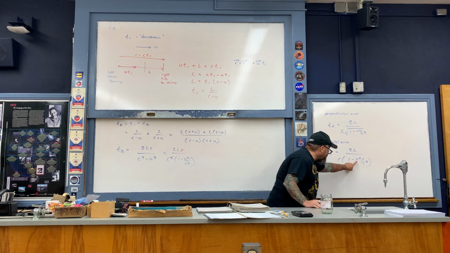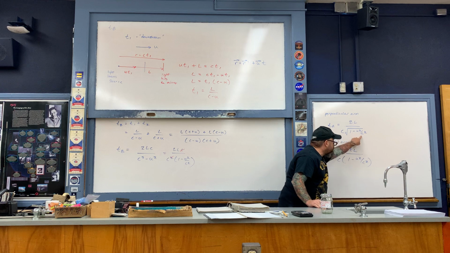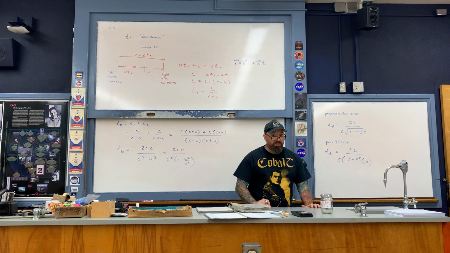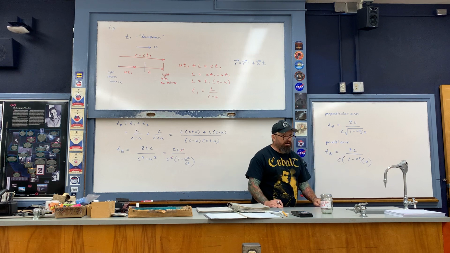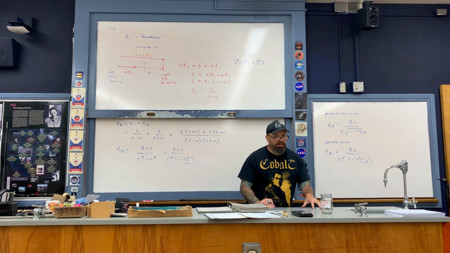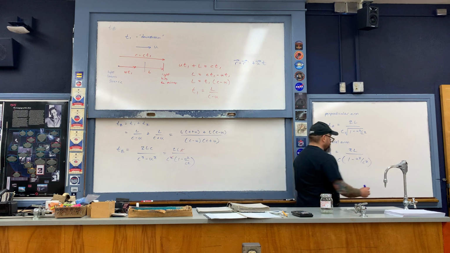Now, because the fraction u squared over c squared is a number that is less than 1, this then means that the time necessary for the light to move along the parallel arm is a little greater than it is for the perpendicular arm.